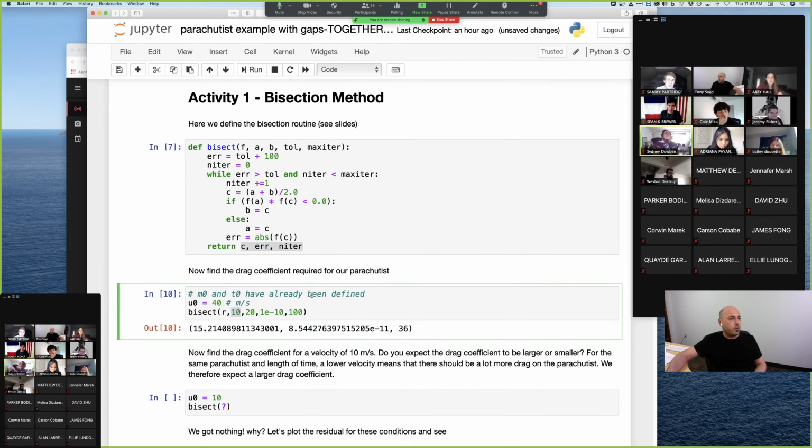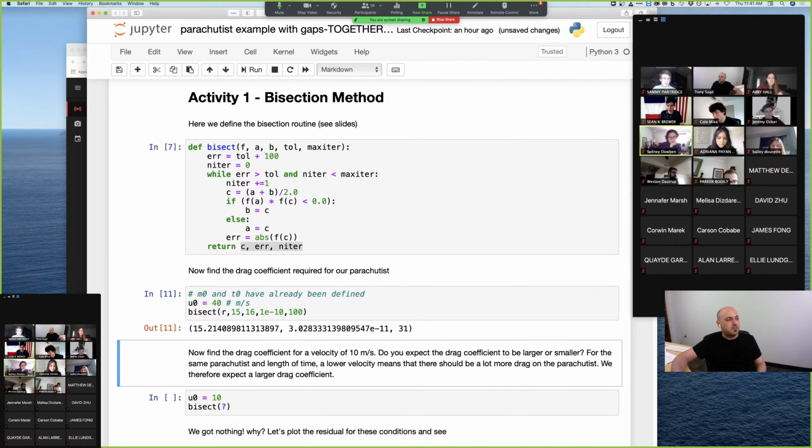Let's say I started with my initial bracket between 15 and 16, and I keep my tolerance 10 to the minus 10 and maximum iterations 100. Do you think it's going to take fewer iterations to converge this time? Yeah. It took 31 iterations. Not that much of a difference. But that's good because it's reassuring, because it tells you that even if your bracket is huge, you're going to be off by just a few iterations.